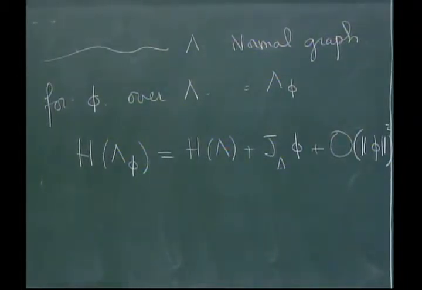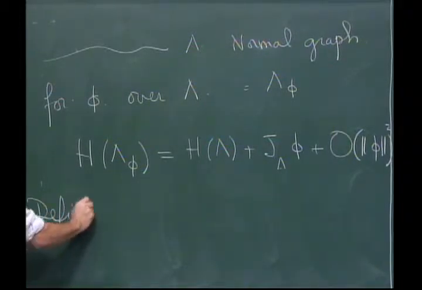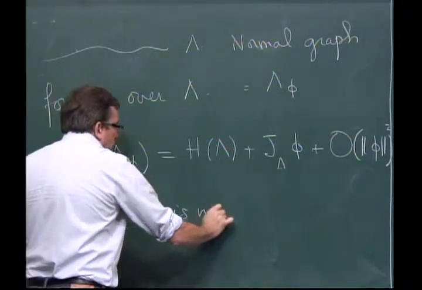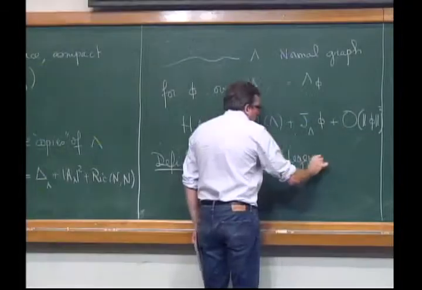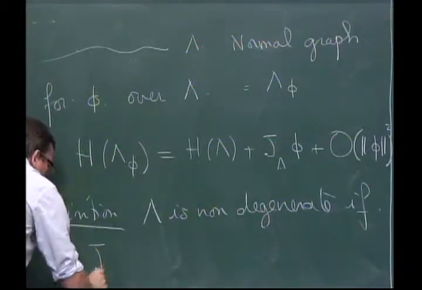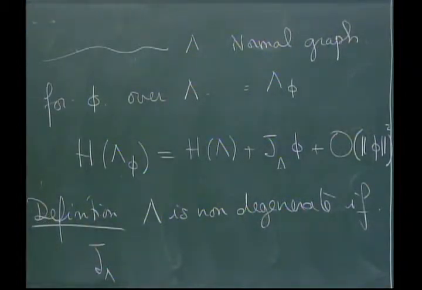Now, one important definition: you will say that lambda is non-degenerate if J lambda, the Jacobi operator, has trivial kernel.